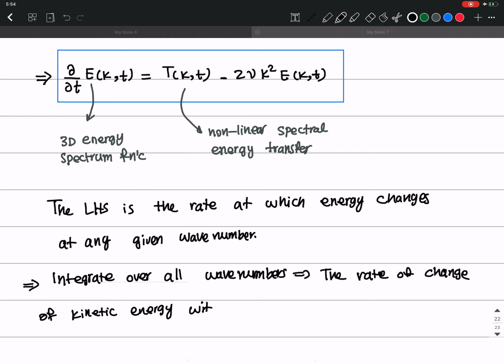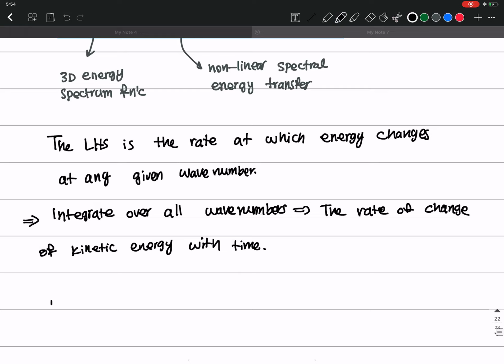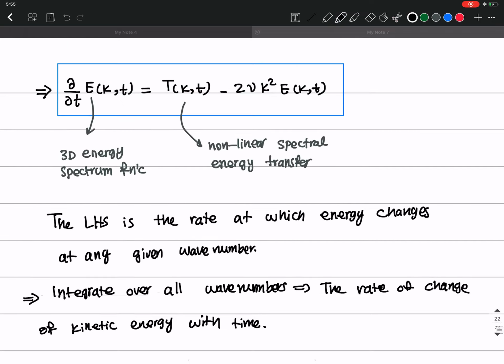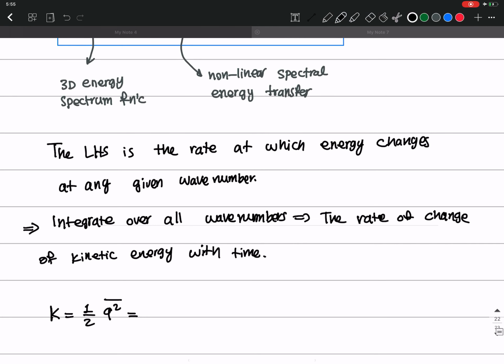For example, the turbulent kinetic energy that we defined as 1/2 q squared bar, we can get by simply taking the integral over all wave numbers from 0 to infinity of this 3D energy spectrum function, E(k,t) dk.